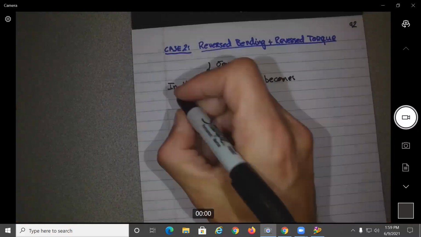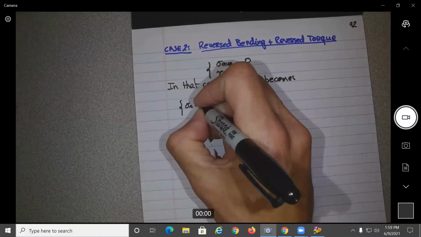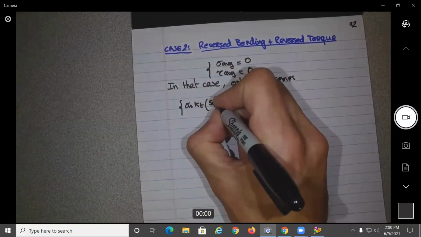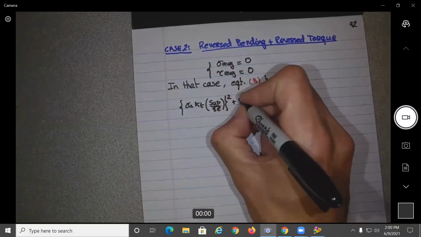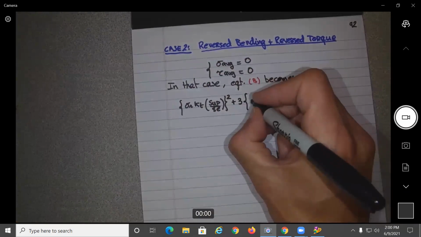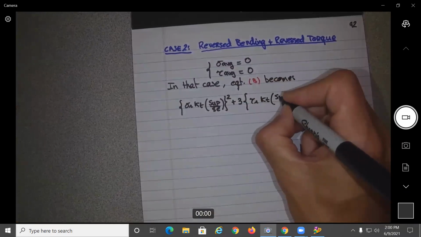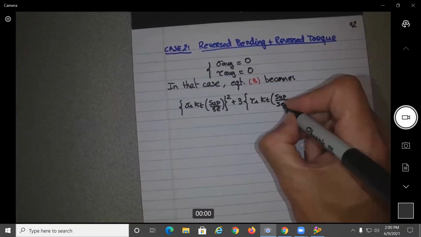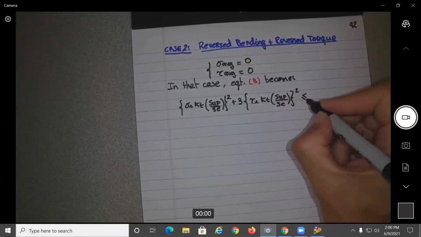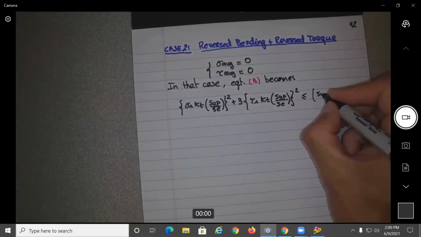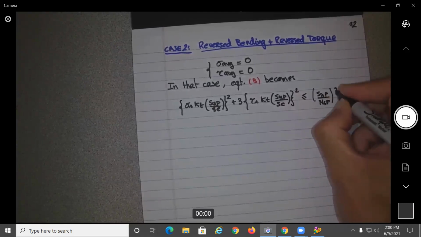So you have sigma sub r k sub t S yield point over S endurance, everything squared, plus 3 times tau sub r k sub t S yp over S endurance, everything squared, lower than or equal to S yp over n, the safety factor, squared.